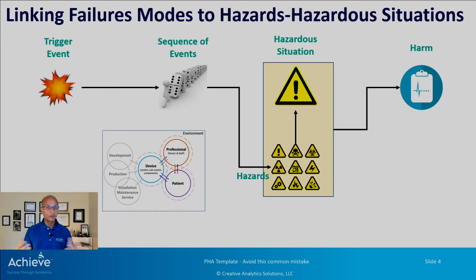It has gone through a process and it has a lot of what we call inherent failure modes or, quote unquote, bugs. Not necessarily will they be activated all the time. They may be potentially linked to the trigger event or the sequence of events that may lead to the hazardous situation, but within themselves they are not the hazardous situations. So that is a very important distinction we have to understand.